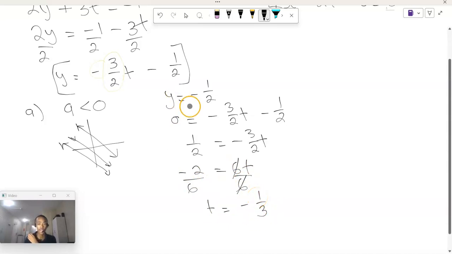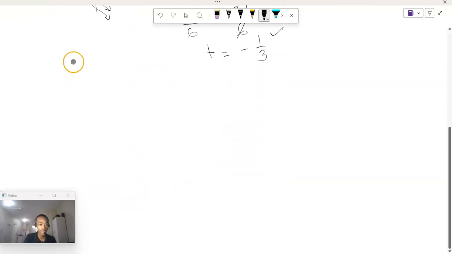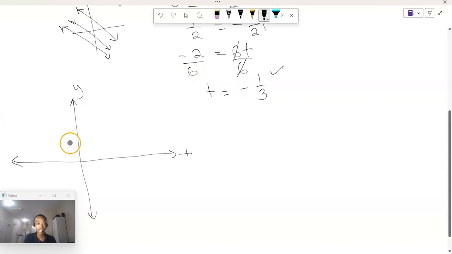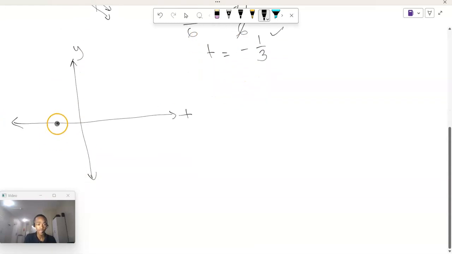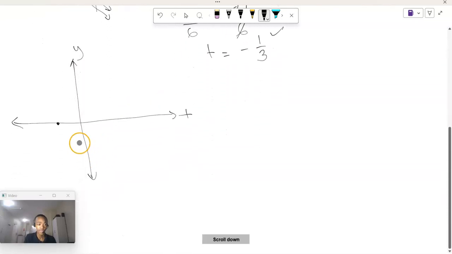Right, so now we do have our graph. We have our y-intercept and we have our x-intercept, so we can just plot this. This is t, and this is y. The t is negative here, and our y is also negative.